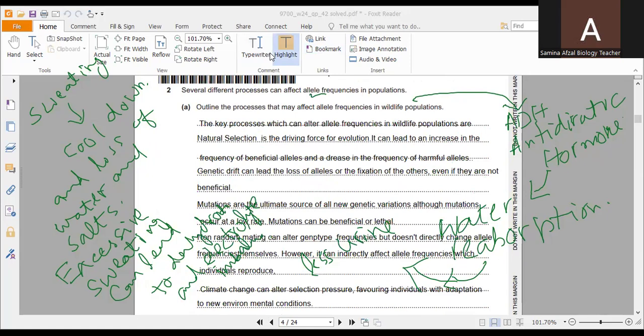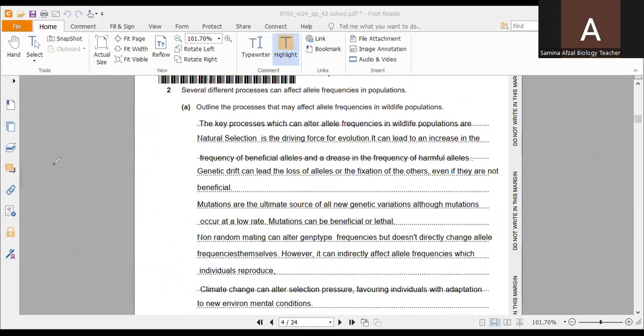Now we are moving towards the second question: several different processes can affect allele frequencies in populations. Outline the processes that may affect allele frequencies in wildlife populations. First of all, what are alleles?